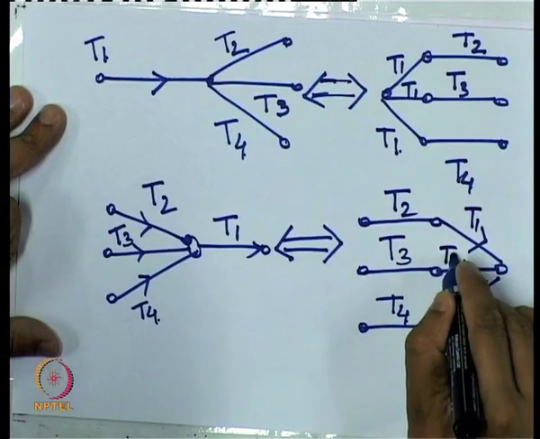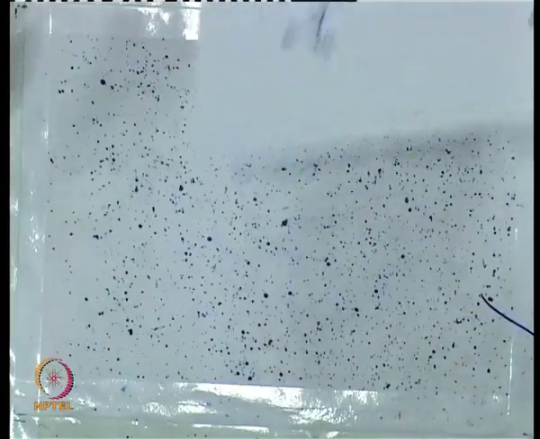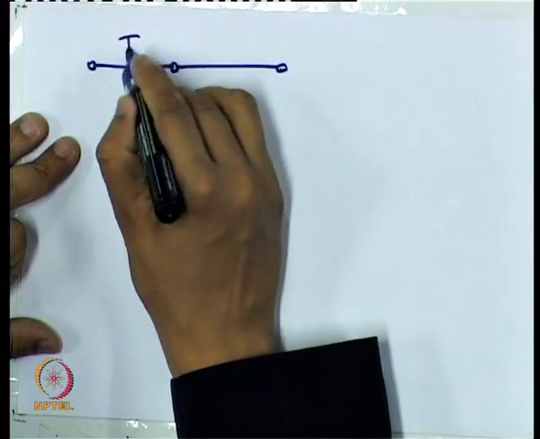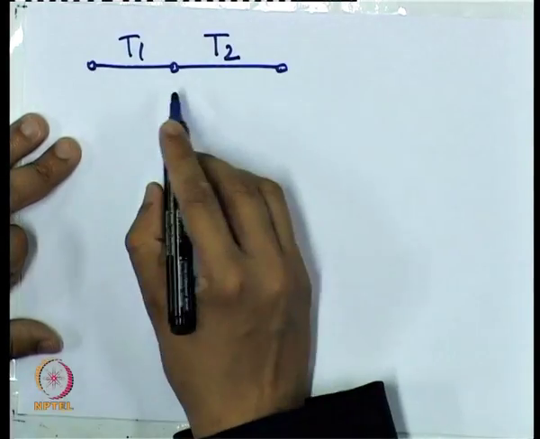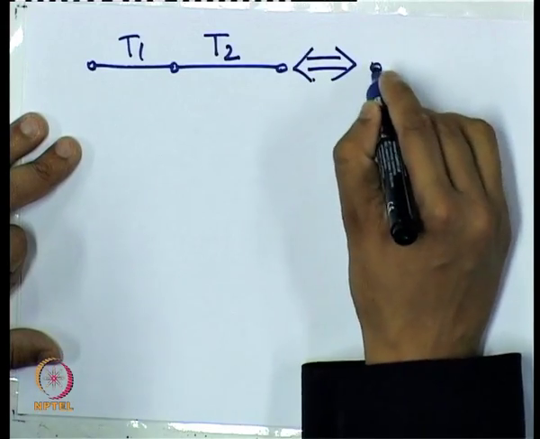So, this is like the distributive property of signal flow graph diagrams. Similarly, if you have a signal flow graph diagram like this, that is two signal flow graphs following each other, and that is equivalent to this.